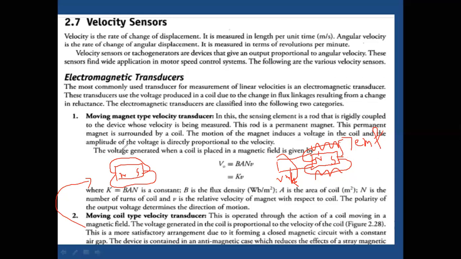A coil is here like this, and I represent one more coil here. I give a displacement to this coil, which is connected to the rotating shaft. This is the shaft.